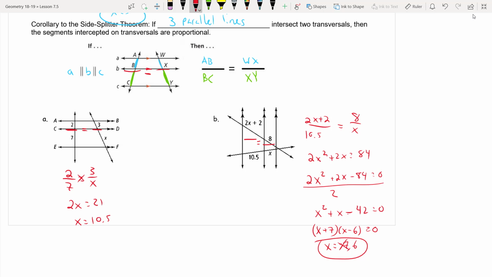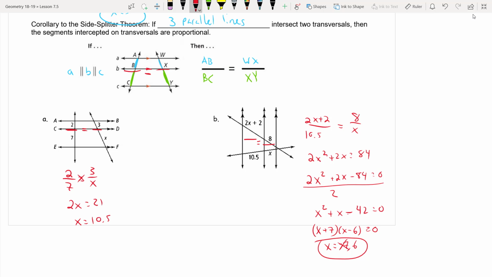All right, welcome back in. So setting up my proportion, once again, I drew in my bars, and I have 2x plus 2 over 10.5 equals 8 over x. Cross multiplying, I end up getting an x squared, so I'm going to have to factor. I moved everything to one side of the equal sign, and all three terms were divisible by 2, so I divided out by 2 on each side to remove that 2.